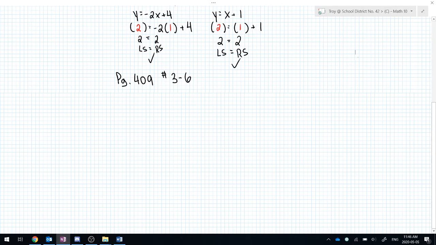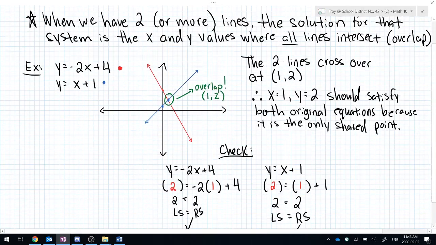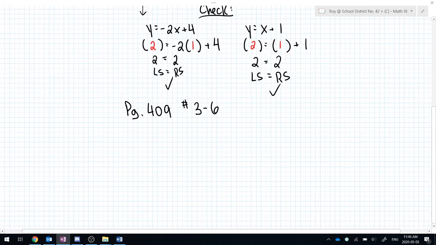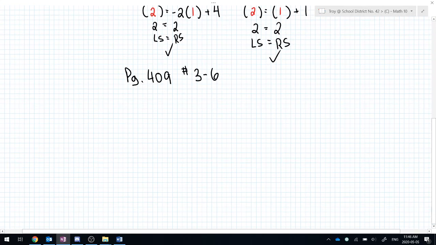So what we'll say here is to solve the following system.